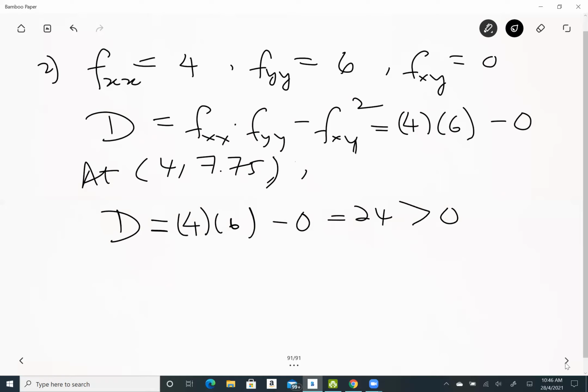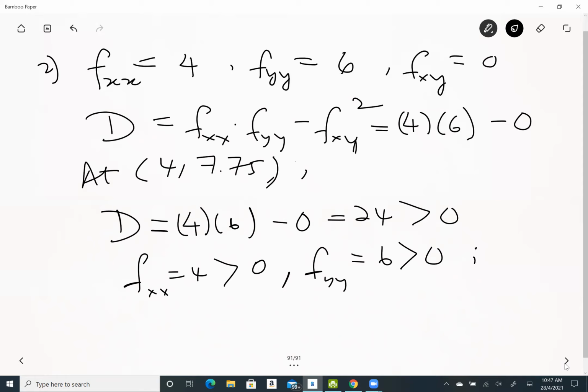Again, here I have fxx equal to 4, that is positive. fyy equal to 6, and that is positive.